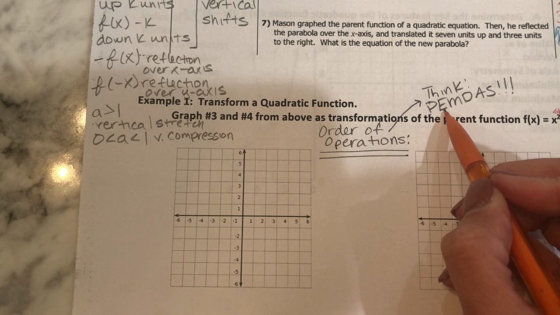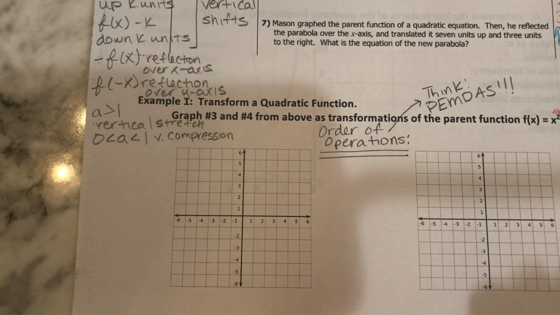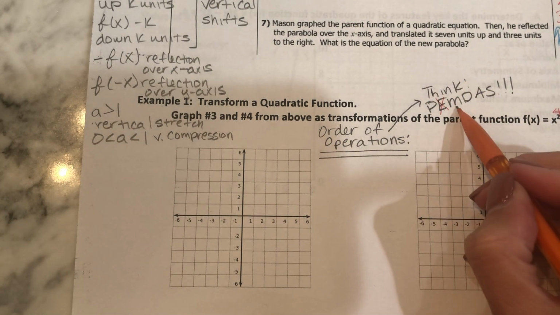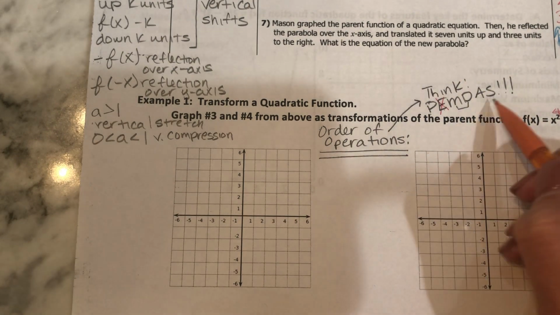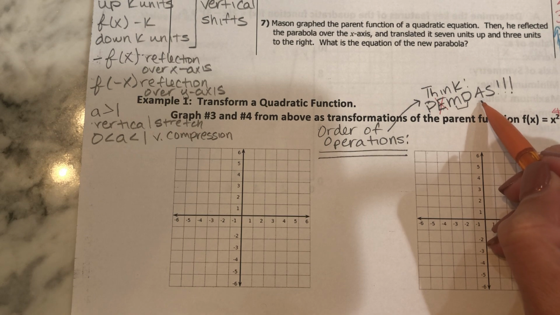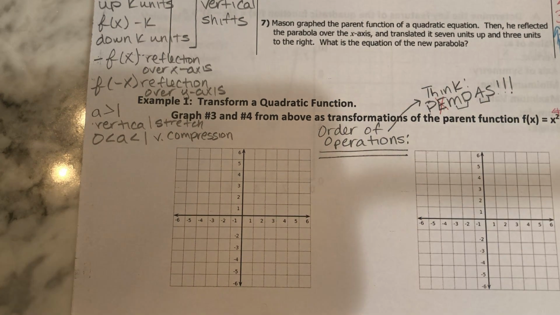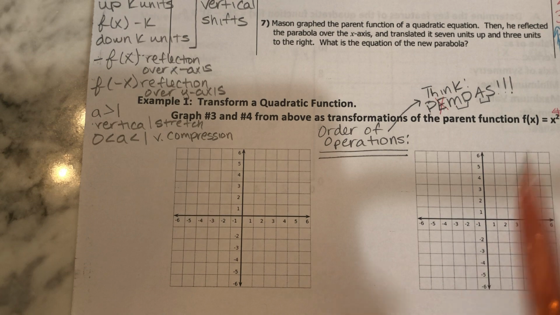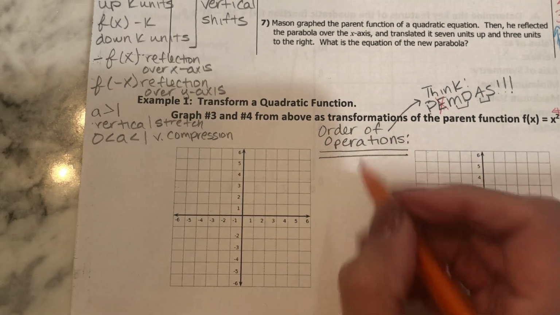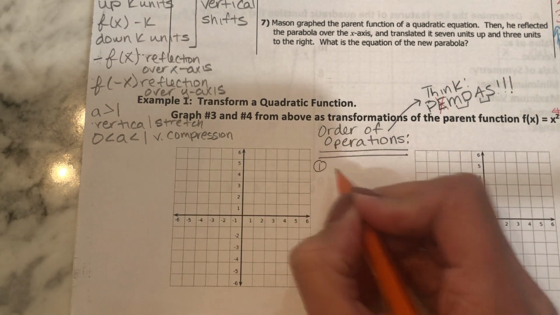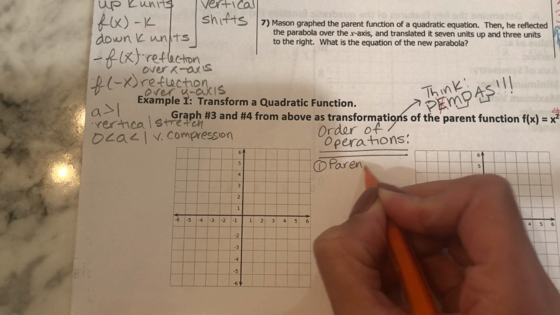E stands for exponents, which we won't have exponents for quadratics. And then multiplication, division, and then very last, always do addition, subtraction, very last. So parentheses first. Step 1, parentheses first.